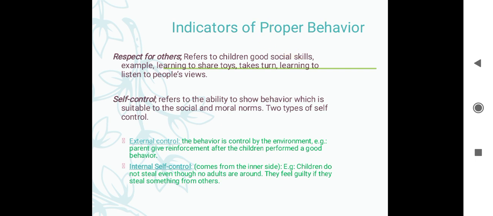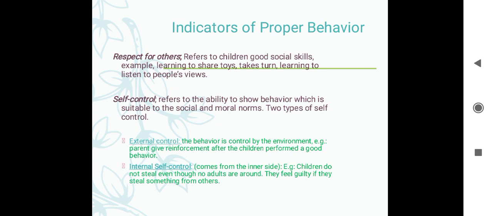And then number two is self-control. Self-control refers to the ability to show behavior which is suitable to the social and moral norms. Self-control is the ability of that particular child to show behavior which is suitable, or not suitable, according to the norms, according to the culture, according to the practice.